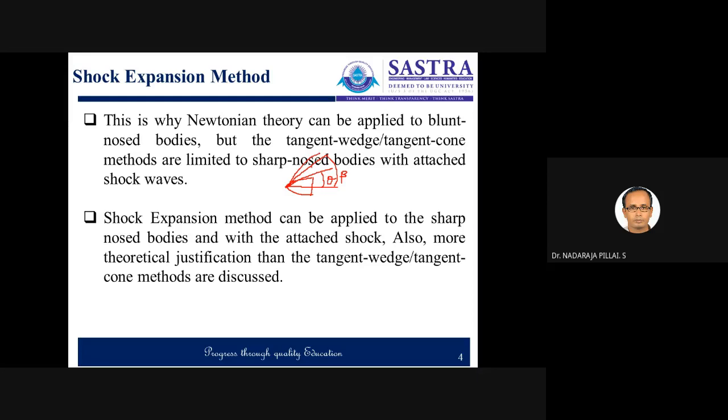We discussed that there is a body shock, this is the body shock, this is the wedge shock, and this is the deflection angle. So the limitation for the tangent wedge and tangent cone methods is that the body should have a sharp nose, but in the Newtonian method it is not a requirement.